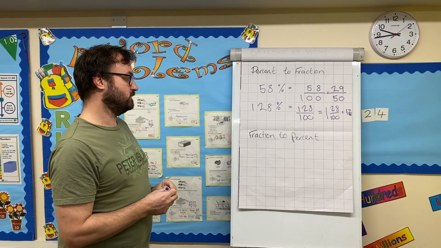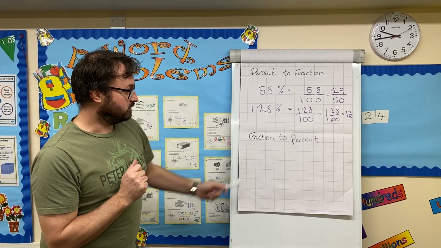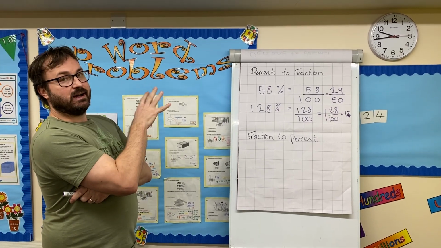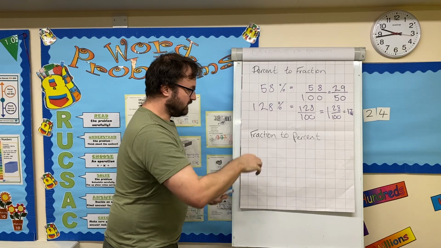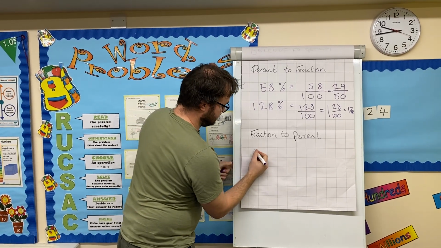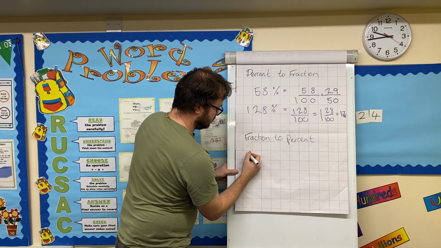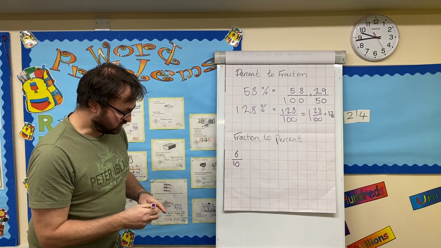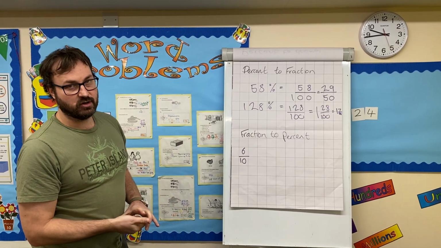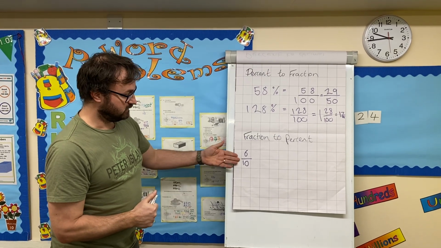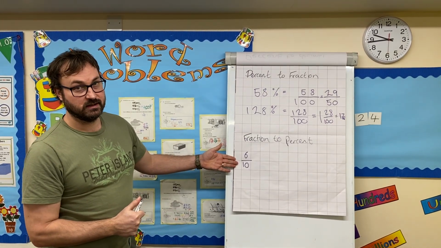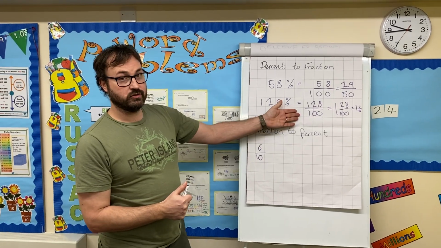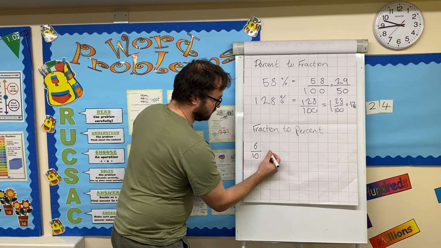Right, that's quite straightforward. Fractions to percentages is a little bit harder going the other way. If you have a fraction in which it is quite straightforward to change the denominator to convert it into 100, if you can convert the denominator into 100, you have your percent.